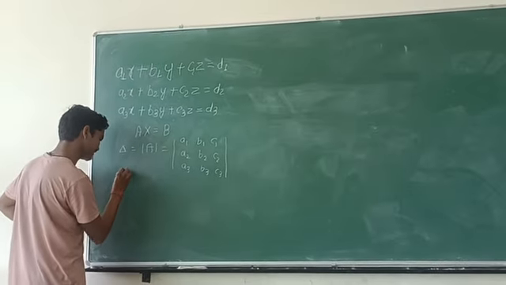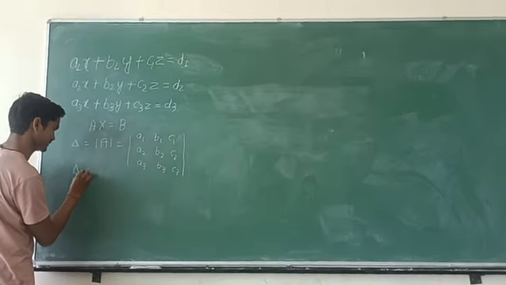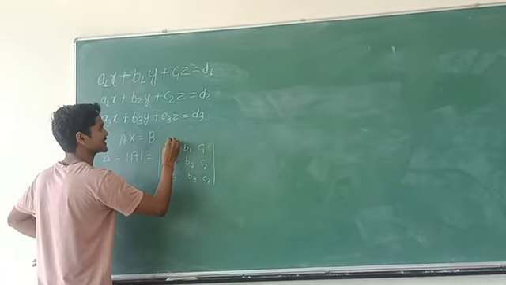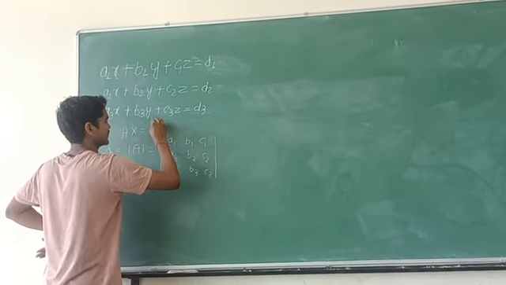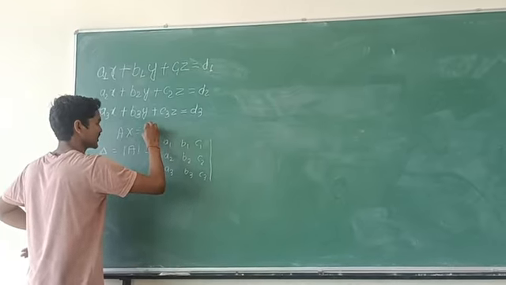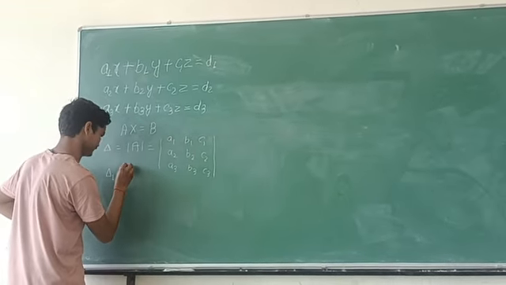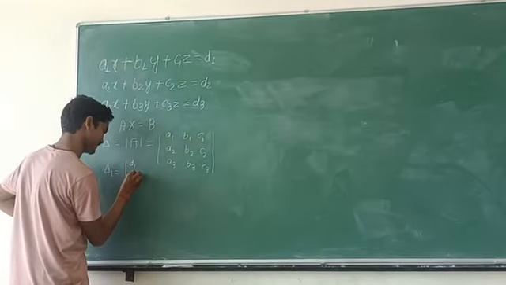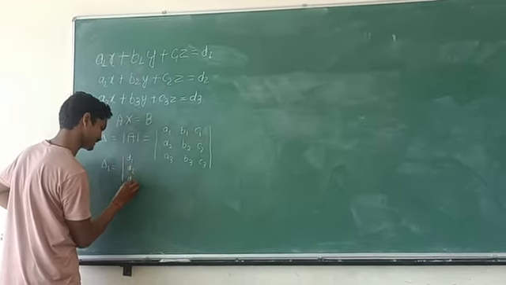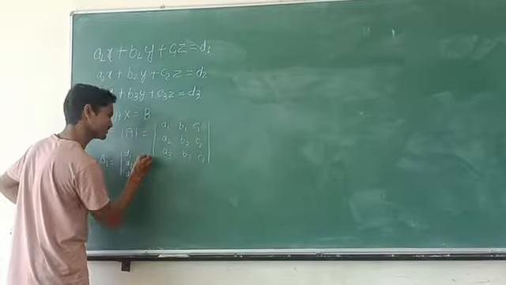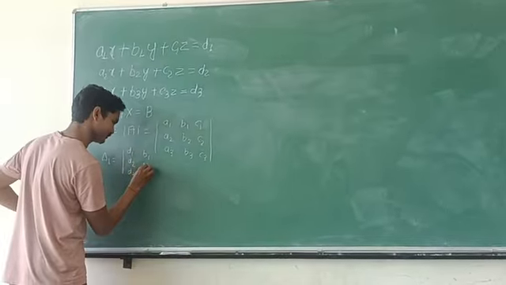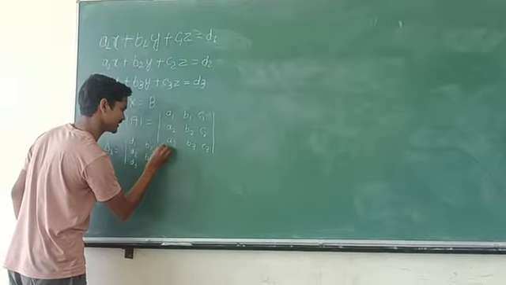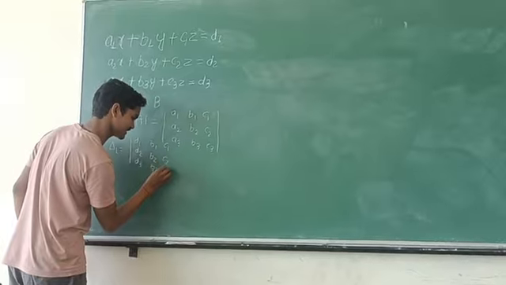And delta 1 is defined by replacing only column 1 with this column matrix D1, D2, D3, keeping the columns B1, B2, B3 and C1, C2, C3.